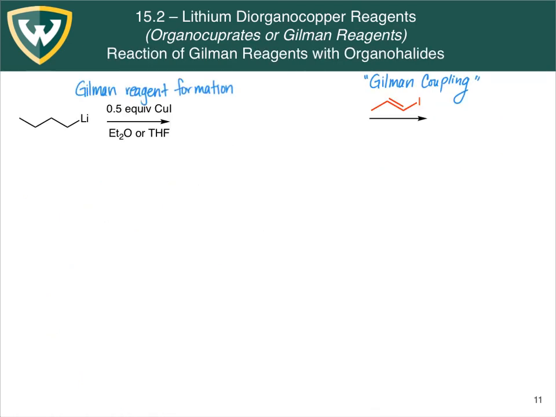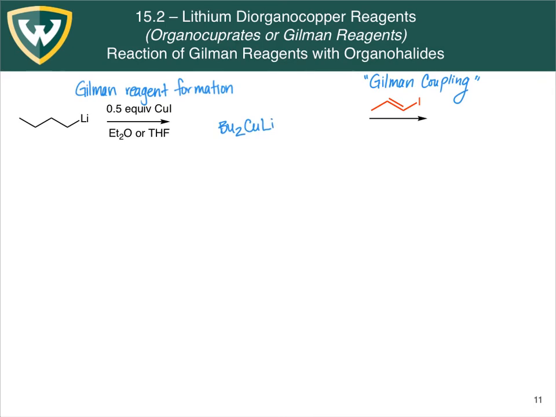So in this example, we're going to start with butyllithium, and we're going to form the Gilman reagent by treating with half an equivalent of copper iodide in ether or THF, and that's going to give us the dibutyl cuprate.